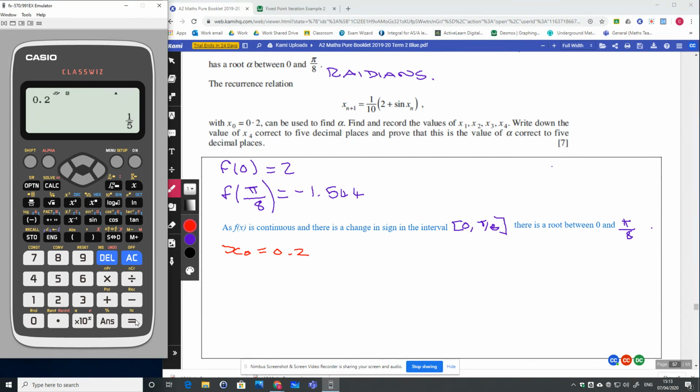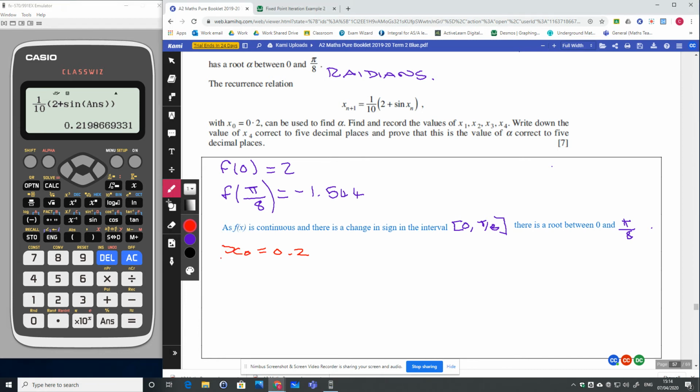So 0.2 equals, so that starts us off. Then we're going to input the iterative formula. I'm in radians. So pressing equals is going to give me x1.